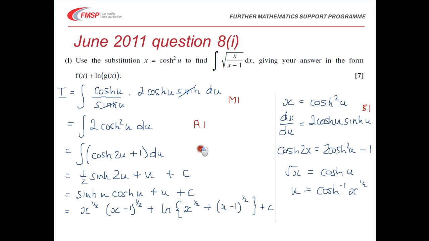A method mark for seeing that you had to rearrange it in the form cos 2u plus 1. An accuracy mark for integrating, and then a method mark for substituting back in for u, and an accuracy mark if you got it all correct. So 7 marks in total.